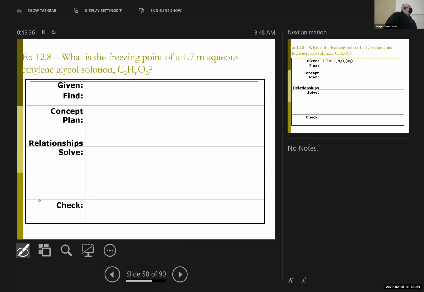And of course you could do it the other way as well, which is if I have a solution of known concentration, I can determine its freezing point, right? In some sense, that's the more common way to do it, because we're trying to do chemistry here, not necessarily de-ice your driveway.